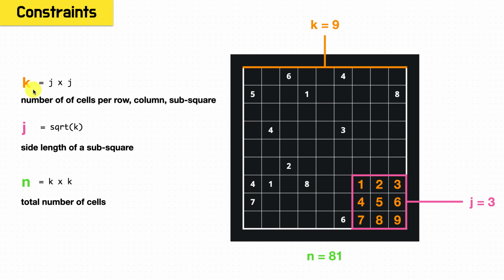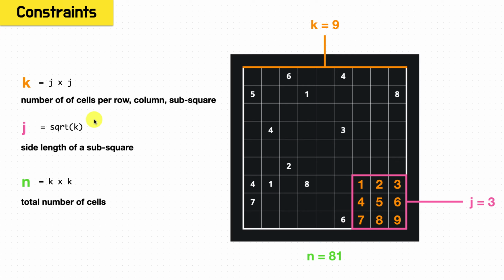So the length of each side is K. So we're calling a Sudoku board a K by K board, and a Sudoku board must be square, so all the sides will have the same length. If a Sudoku board is not square, we know it can't be valid. We're calling J the length of the sides for the subsquare.